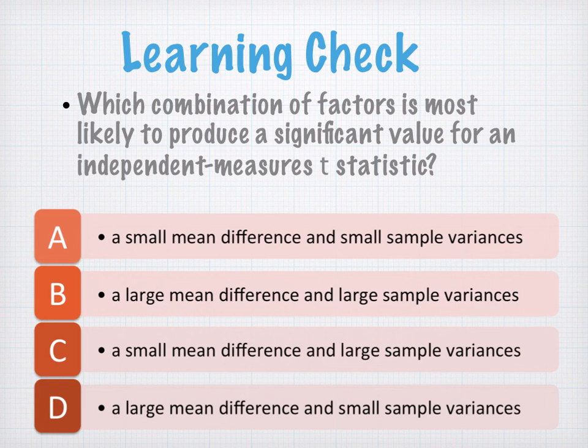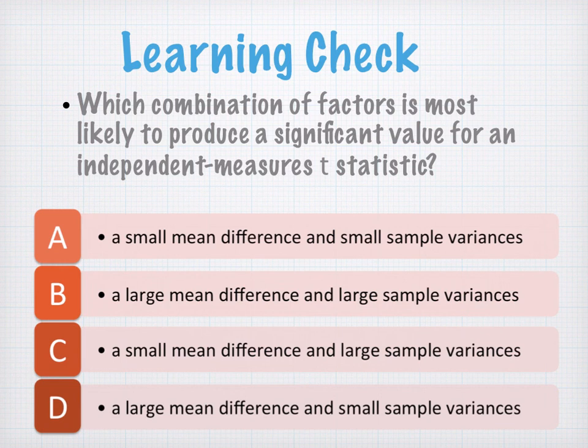So, which combination of factors is most likely to produce a significant value for an independent t statistic? This is a question about signal and noise ratios. So remember, if you look at that t statistic, the mean differences are going to be at the top of that value, and the sample variances are going to be at the bottom.